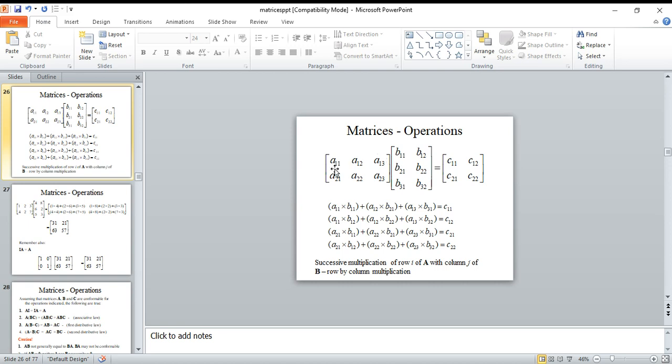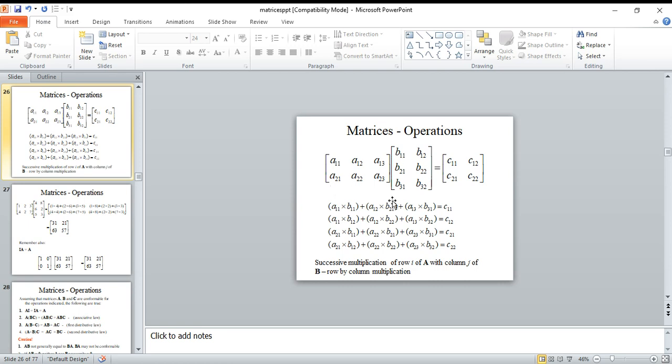Next, the first row of the first matrix with the second column: A11 into B12 plus A12 into B22 plus A13 into B32. This is the second element. Next, we take the second row of the first matrix and multiply with the first column and second column.